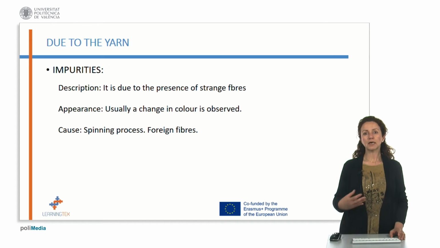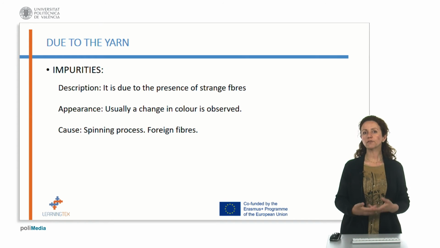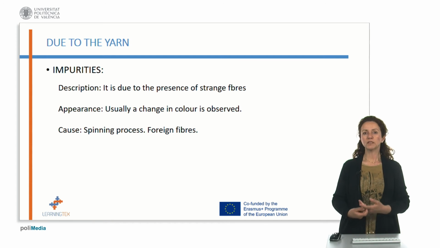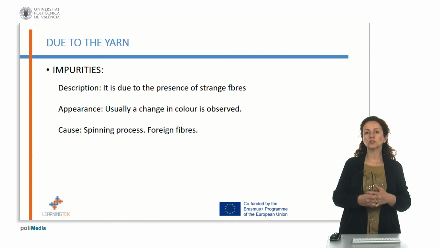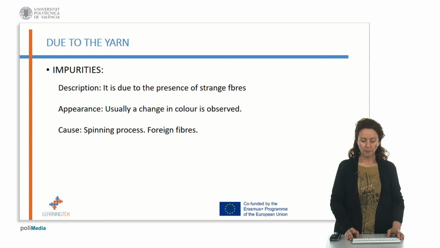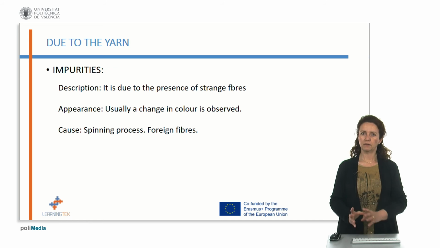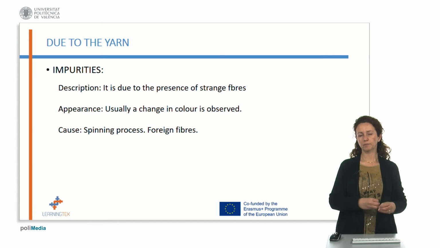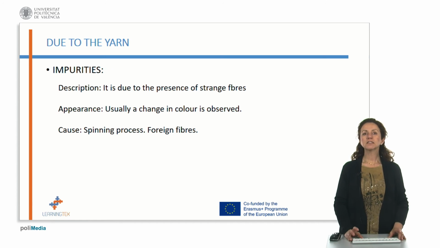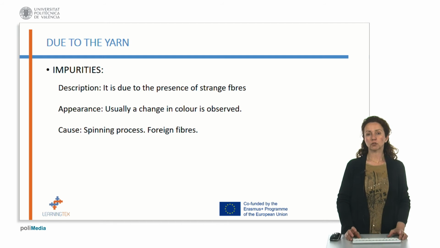But when we dye the yarn or when we dye the fabric with this yarn, we will observe a difference in the shade of color, or even in this case, polyester fibers won't be dyed because we will dye according to the process for dyeing cotton. So, mainly this defect is observed when we have color or when we dye the yarn or the fabric made with those yarns. Which is the main cause?